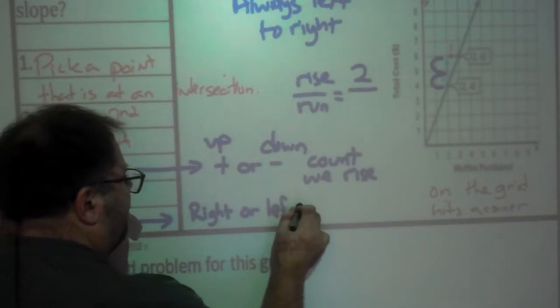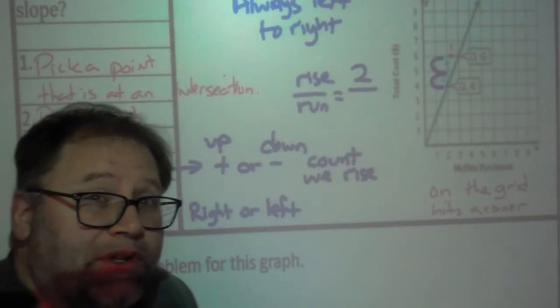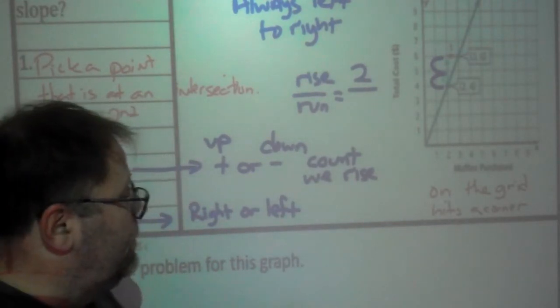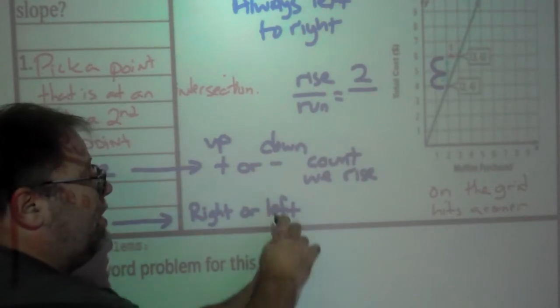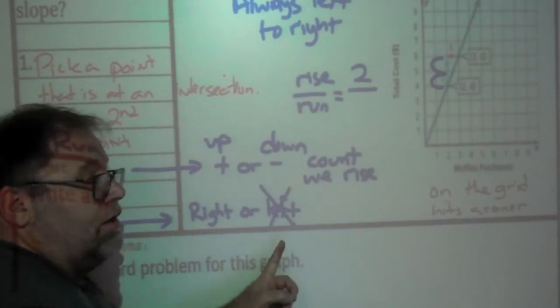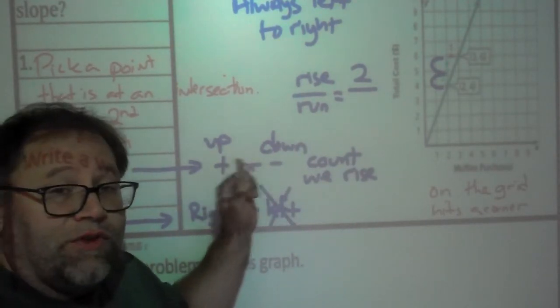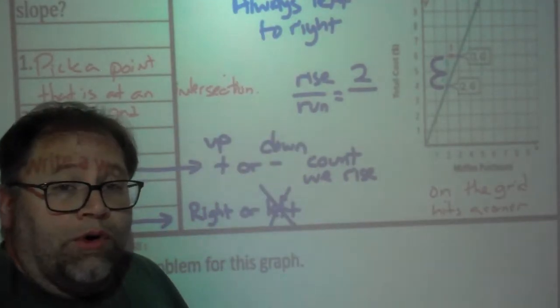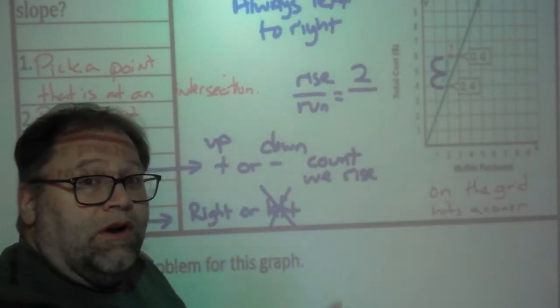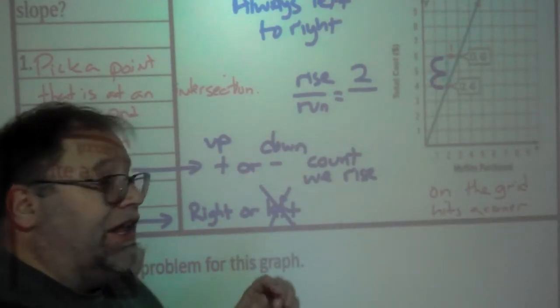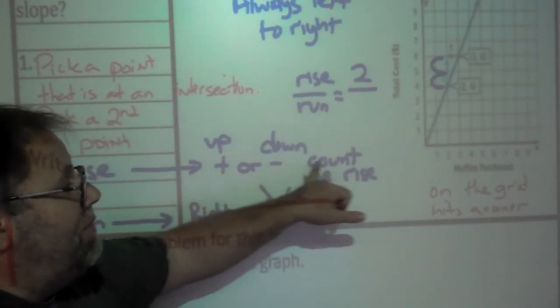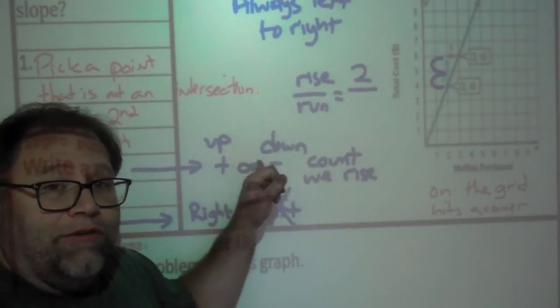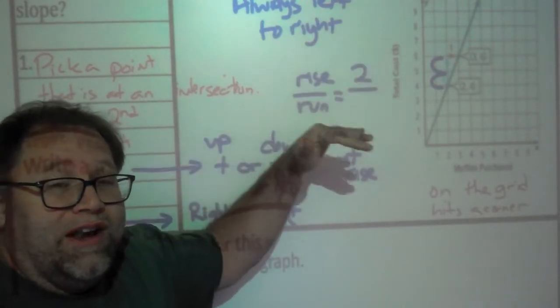What we're looking for is whether we go right or left. If you're doing this correctly, we should never be going this way. If you're doing the rise first, up or down, always right. Up or down, always right. The reason is that we're only making a decision about positive or negative on the numerator, not the denominator.